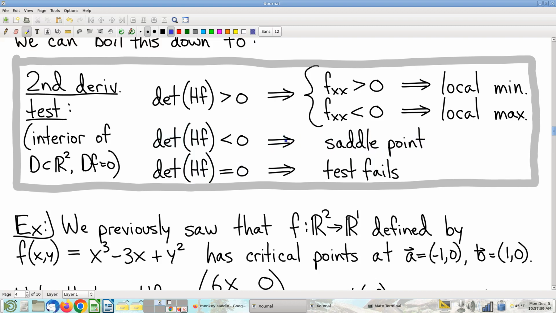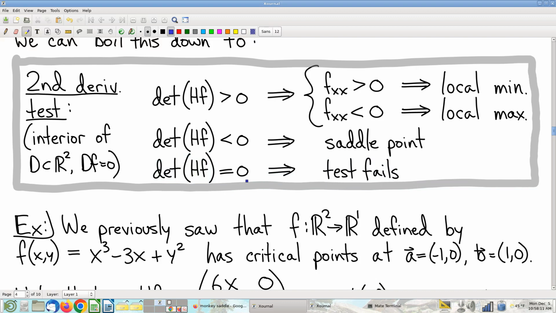And if you get 0, then the test fails, and you can't draw any conclusions at all. Some students might figure that they can still see the fxx and the fyy, and surely they should be able to draw some conclusion from that. It turns out, no, you really can't. It's more complicated than it looks.